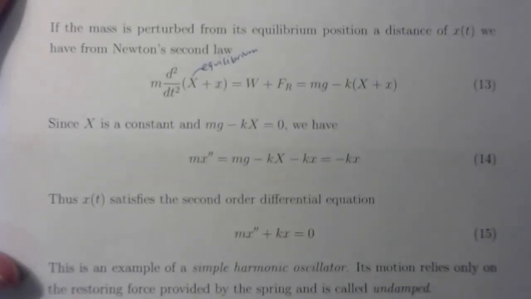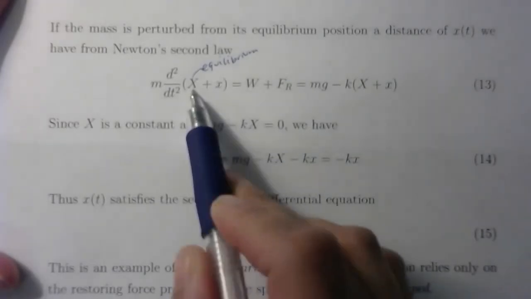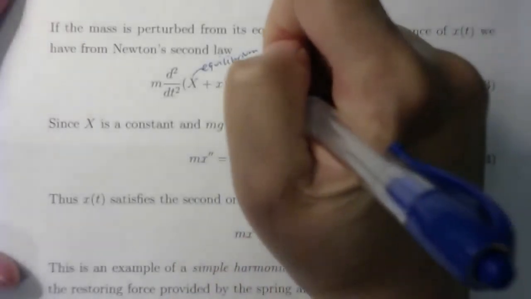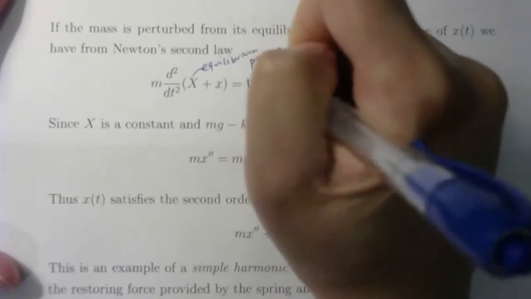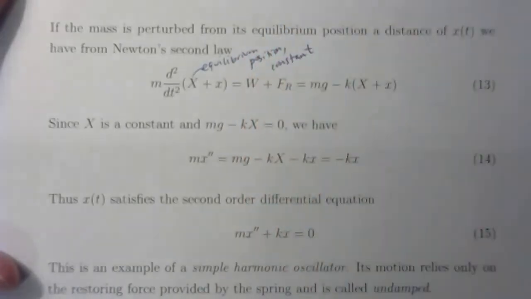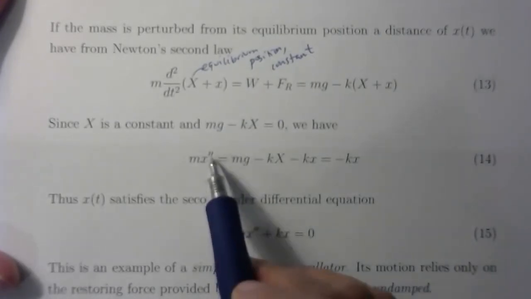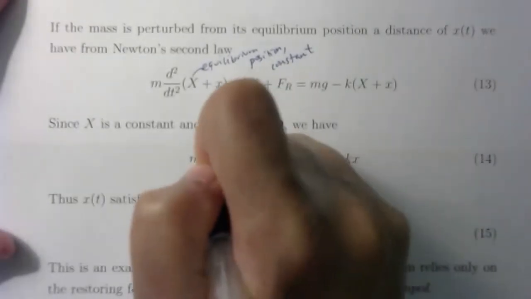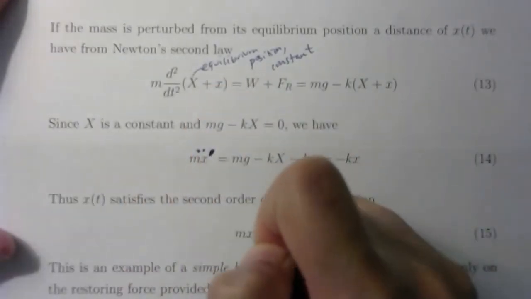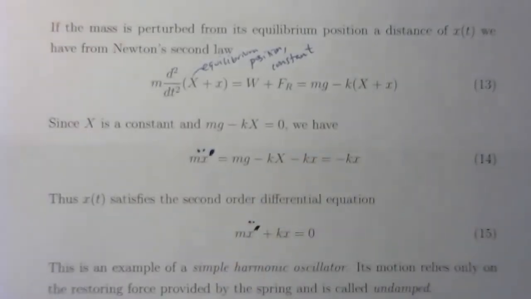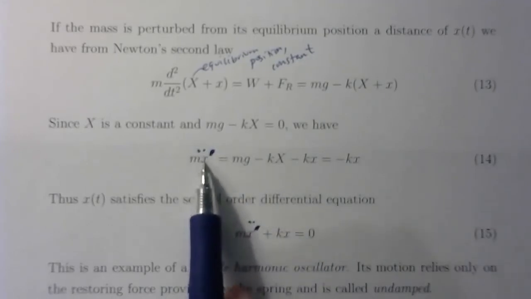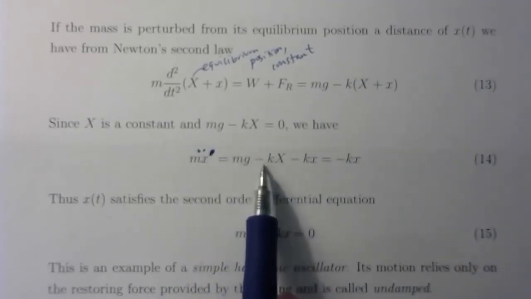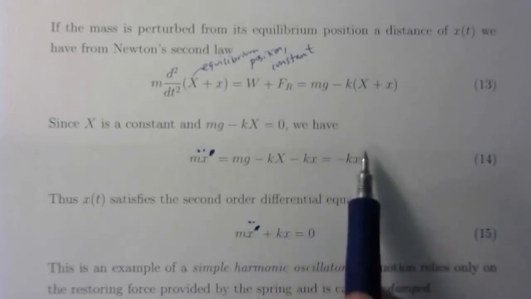So big X is a constant. I'll write that here, constant. Great. So that means the second derivative is 0. So I just have m times the second derivative of x. I would prefer to use these dots in your notes, because that's usually how we denote time derivatives, so I'll change that for the ones that you print out. So m x double dot is equal to mg minus k big X minus k little x.